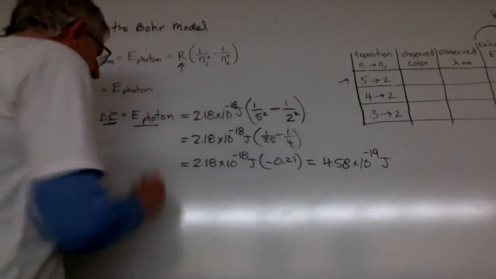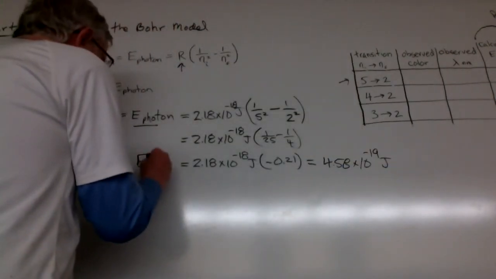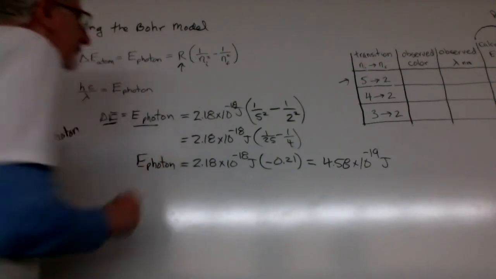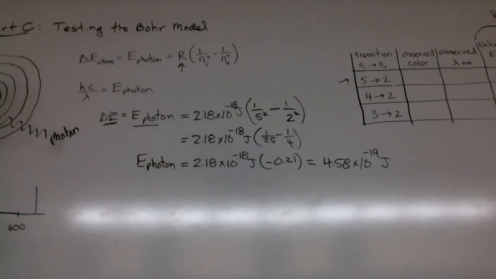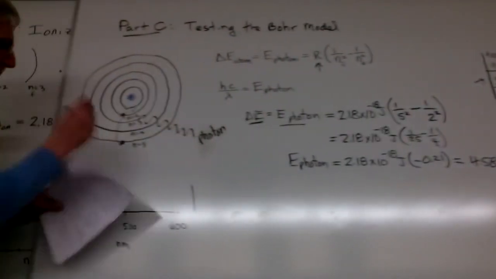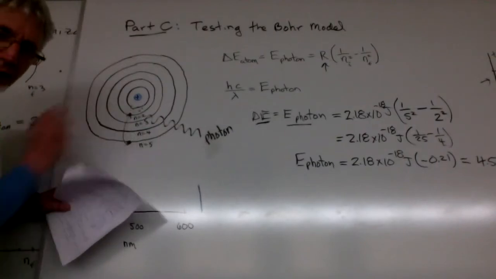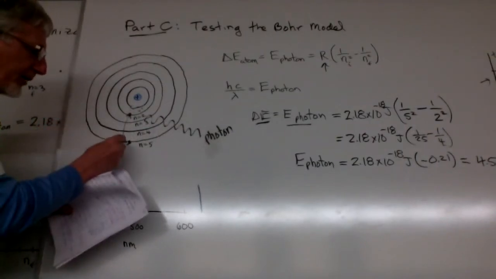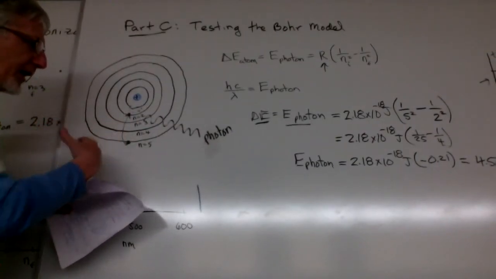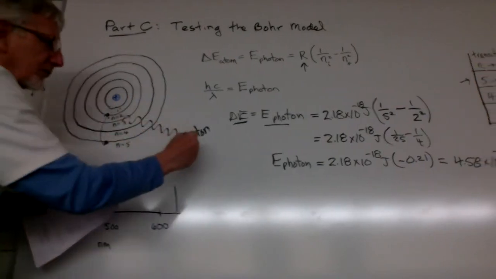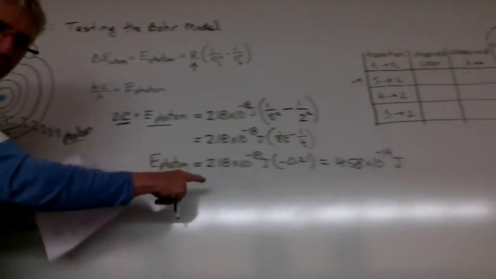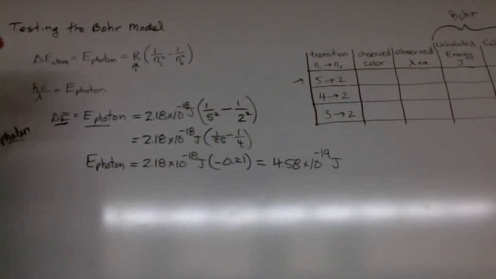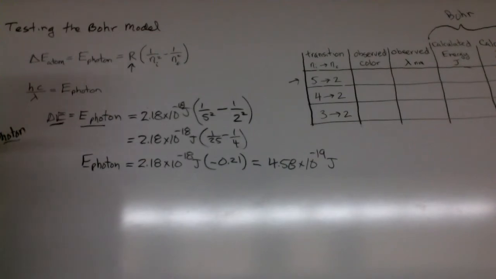And that is the energy of the photon that would be emitted as an electron goes from the n equal 5 state down to the n equal 2 state. It goes from a high energy to a low energy. The atom gives up that excess energy as a photon, and that would be the energy of the photon according to Niels Bohr's model, his theory.